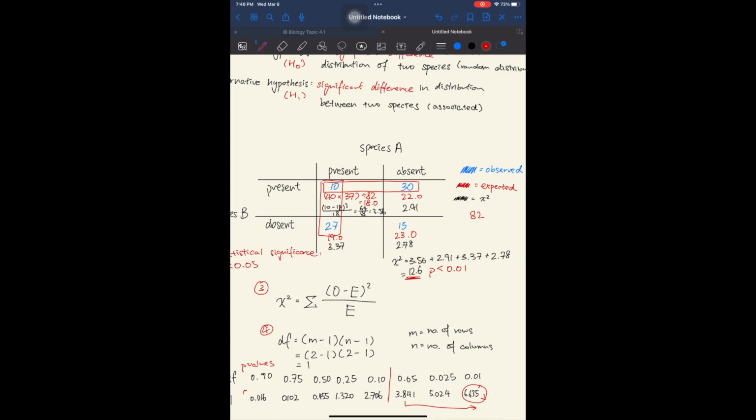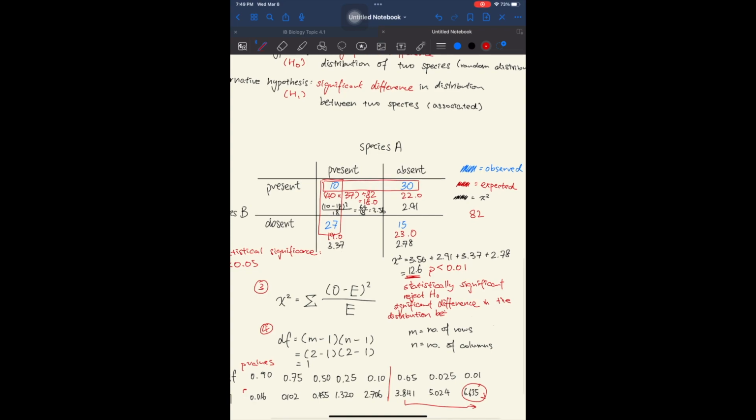So if the question asks you to conduct the chi-square test, what you would write down is that we have a statistically significant result, we would reject the null hypothesis, and that there is a significant difference in the distribution between species A and species B.